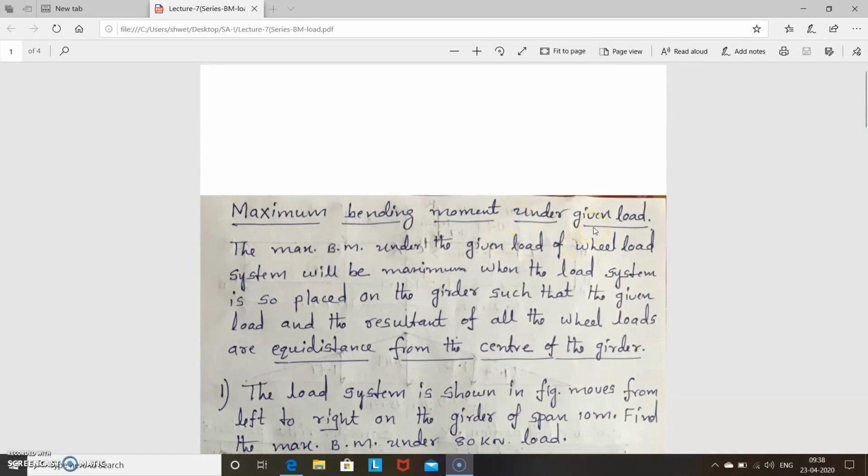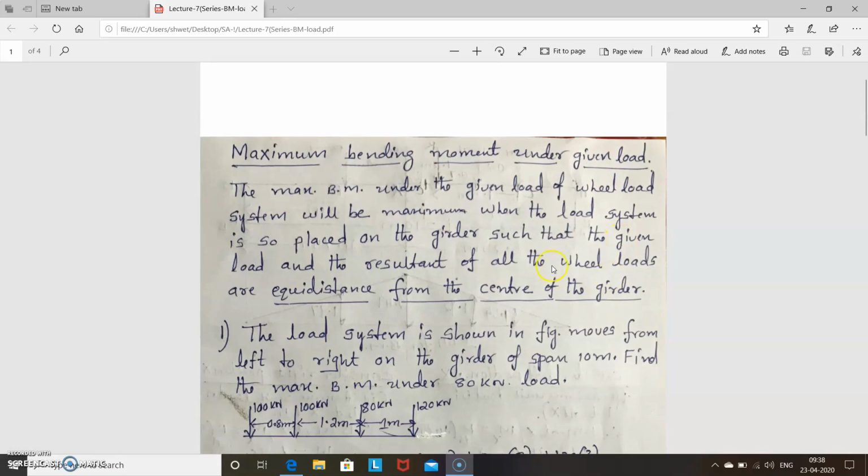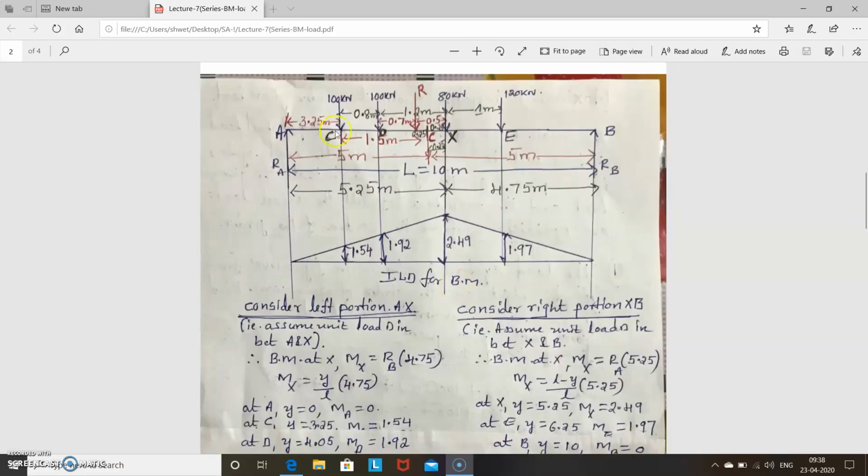So this is the way to find the maximum bending moment under the given load. Last class I explained the bending moment under a given section. Now the load is given, and you have to find the section. For that, remember this sentence: the given load and the resultant of all the loads are equidistant from the center of the girder. So first find the resultant, then mark that resultant on the loading diagram, then mark the center, which always lies in between the resultant and the given load.